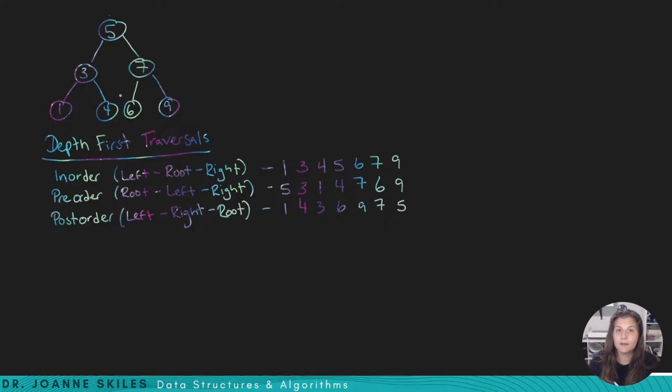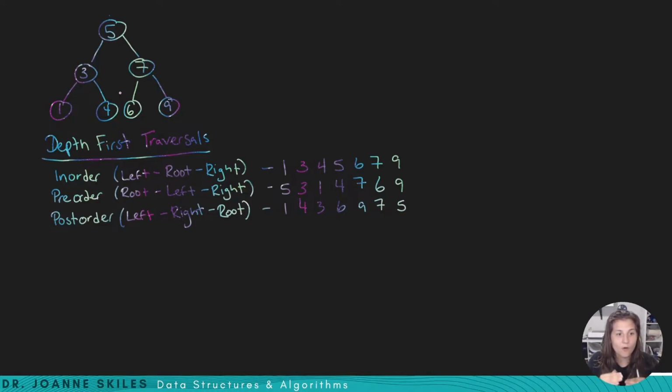So similarly to our previous video, where we implemented our inserts and searches and deletes, we need to do recursive functions because a binary tree in itself is recursive. Let's implement each of these depth-first traversals using recursion.